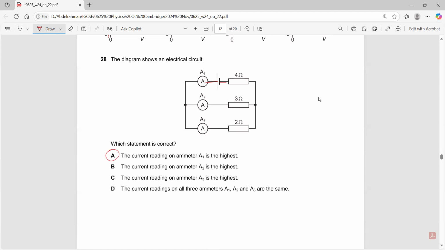It doesn't matter whether it has a resistor near it or not, the current near the power source is the greatest as long as you have a parallel circuit. If it was a series circuit, then all of them would have been equal, but since this is a parallel circuit, the current near the power source would be the greatest.